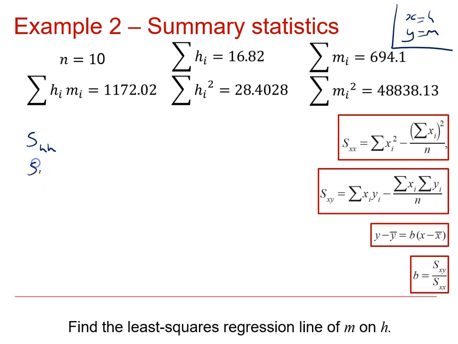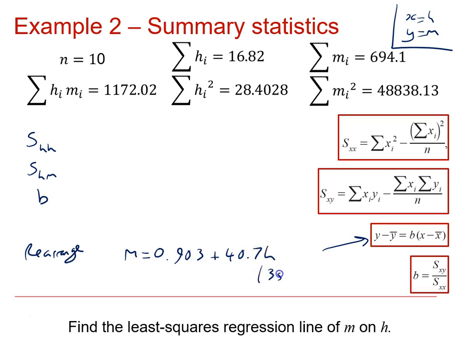I'm going to find Shm, I'm going to find b, I'm going to sub it into my equation, and then I'm going to rearrange to get m equals 0.903 plus 40.7h to 3 significant figures. The process is exactly the same as the last video.